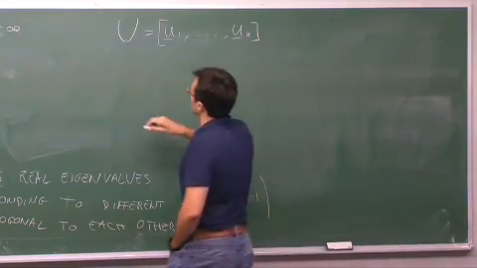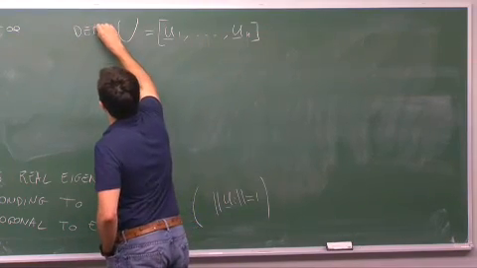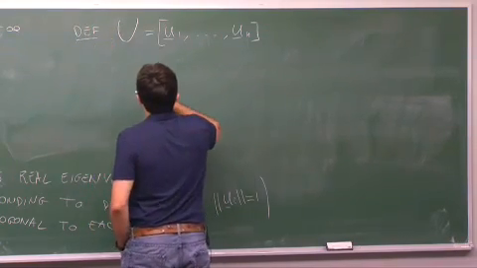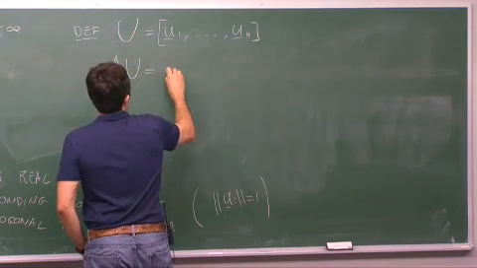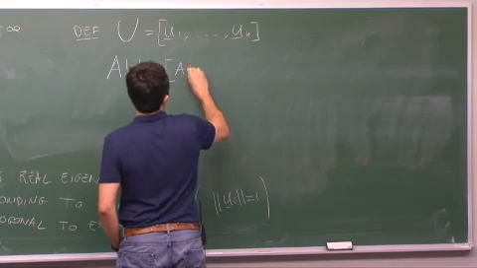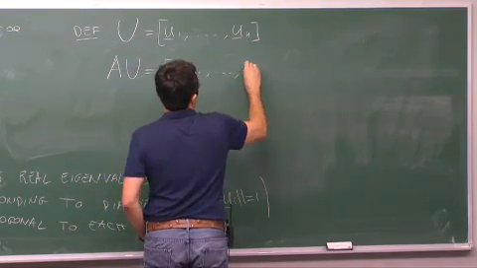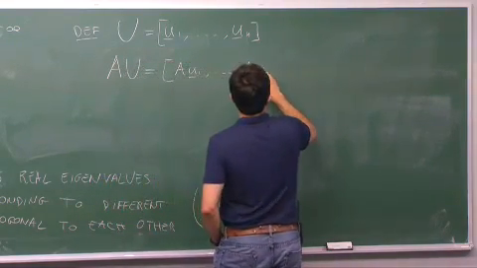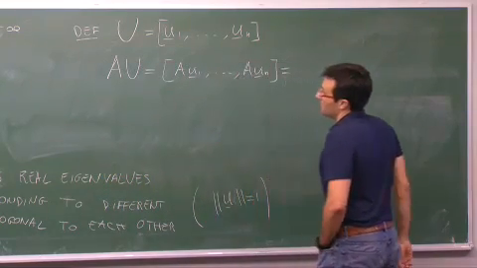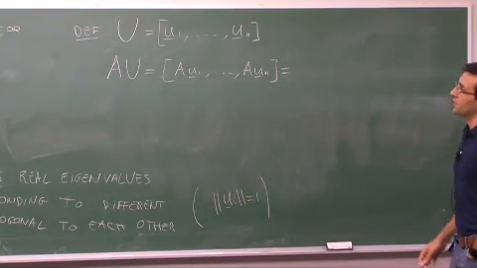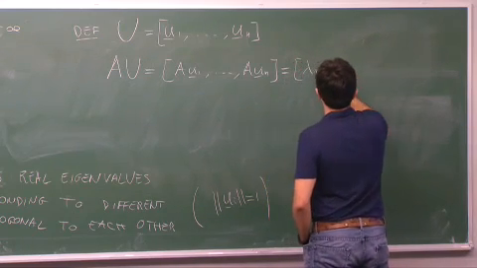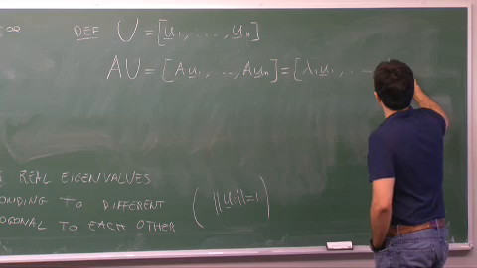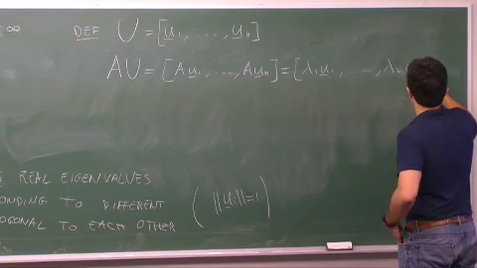So defining this U, let's see what I get when I do A times U. This will look like A U1, etc., A UN. But since that's the definition of eigenvector and eigenvalue, this is also equal to lambda 1 U1, etc., lambda n UN. Okay?